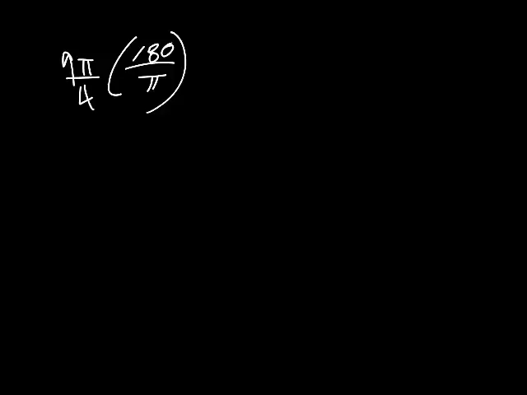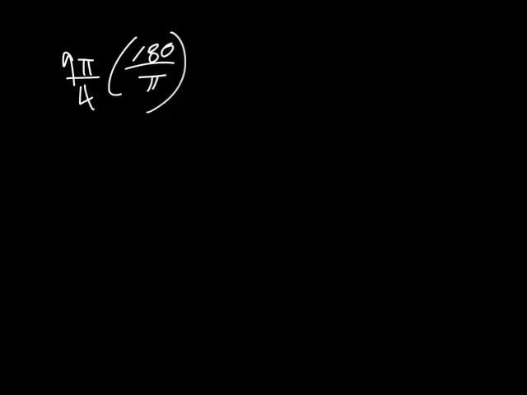Now, one of the things that helps me to remember, and this is just me, is when I write this, the reason I know it's 180 over pi instead of pi over 180, so I don't get them mixed up, is because my pi's have to cancel. Because if I'm changing to degrees, I can't have pi's. Pi's are only showing up in radians.